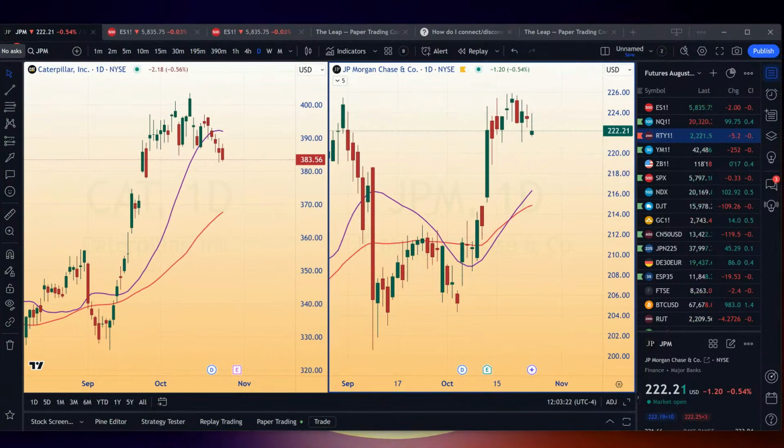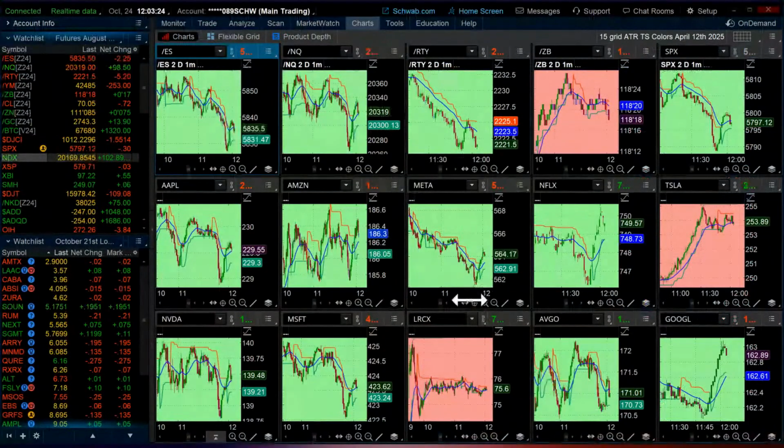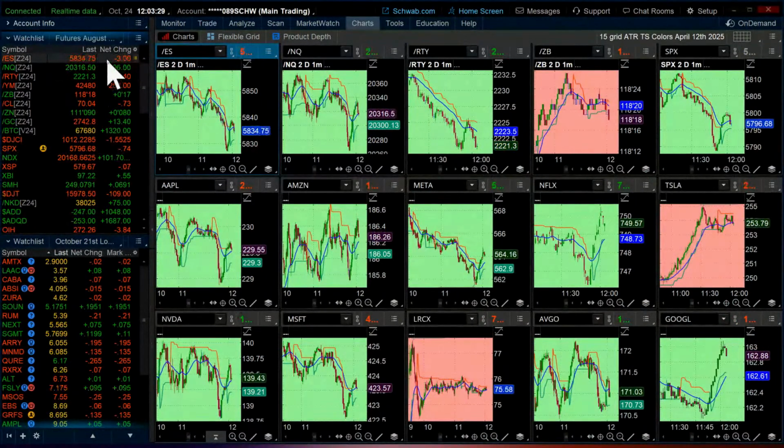I'm just talking out loud on how I'm going to be doing it. See, bond selling off, Russell selling off, ES selling off. That's a beautiful thing.